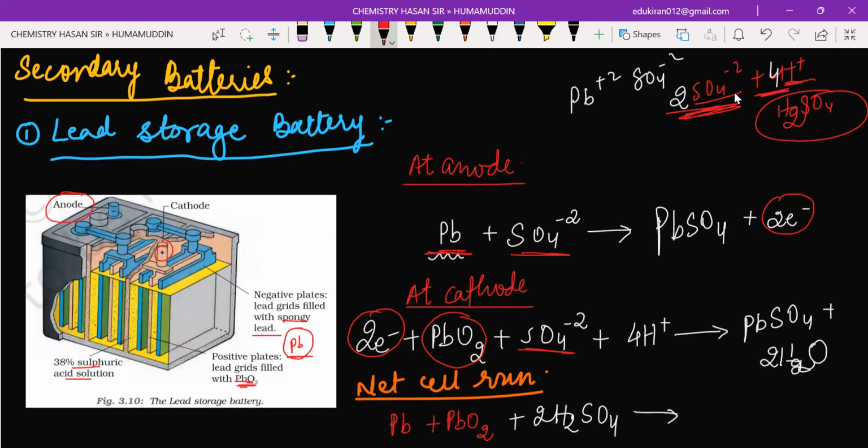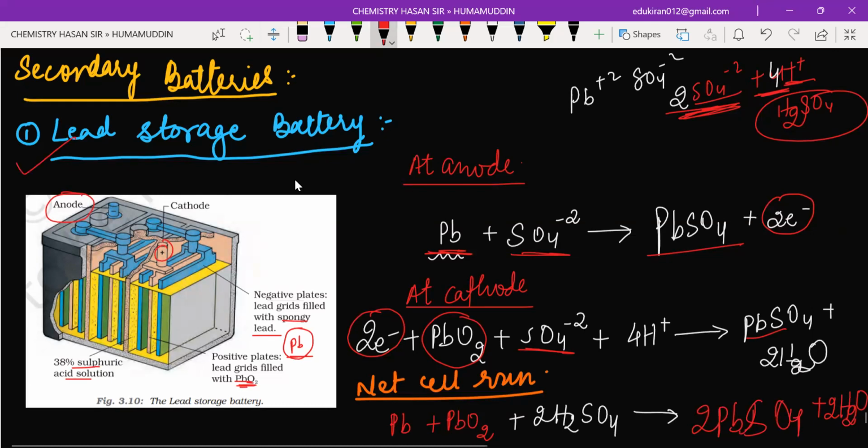Yes or no? Yes, sir. Now on the right hand side, PbSO4 combined gives you 2 moles of PbSO4, and then 2H2O is also there. So this is the net cell reaction for the lead storage battery. Now, first write it, then I'll again explain.